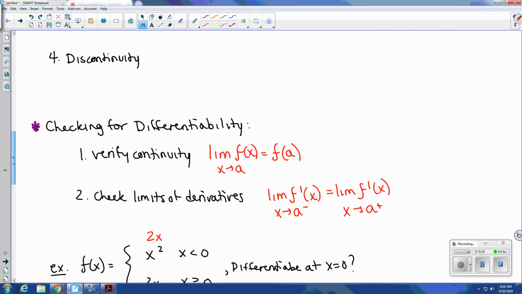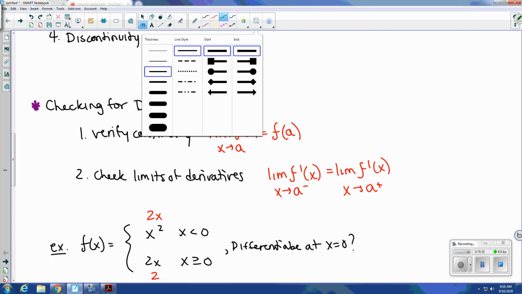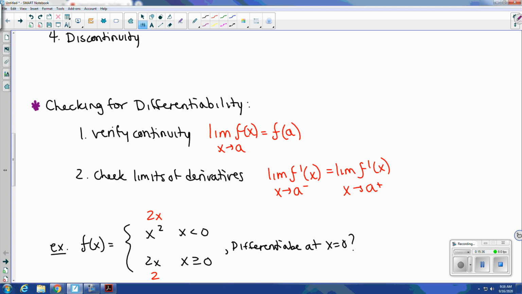So I want to add one more thing with checking for differentiability, because we have to check continuity as well. This is really important, because differentiability is necessary. It's necessary for the function to be continuous. If we are actually told a function is differentiable, then that implies that the function is also continuous. So let's state that really important AP concept.